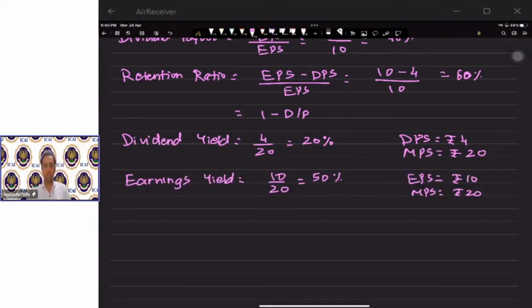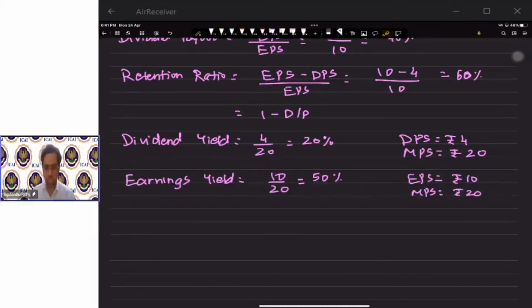Right? So earnings yield is what percentage return the company is providing to its shareholders, in the form of dividend or in the form of yield. So the company has earned 50% on the market price, and over here the company is paying dividend of 20% on market price. Okay, retention. Who's this? Mahesh.